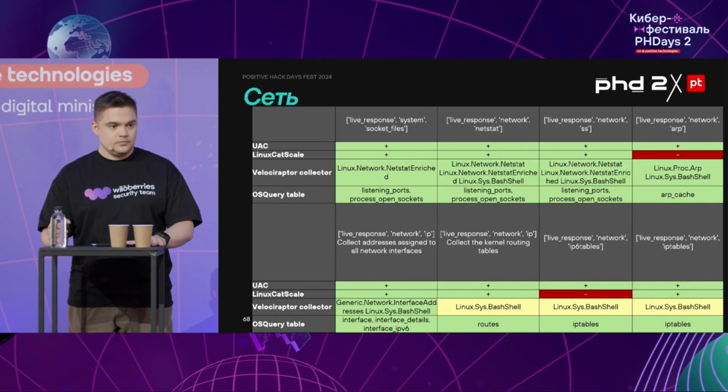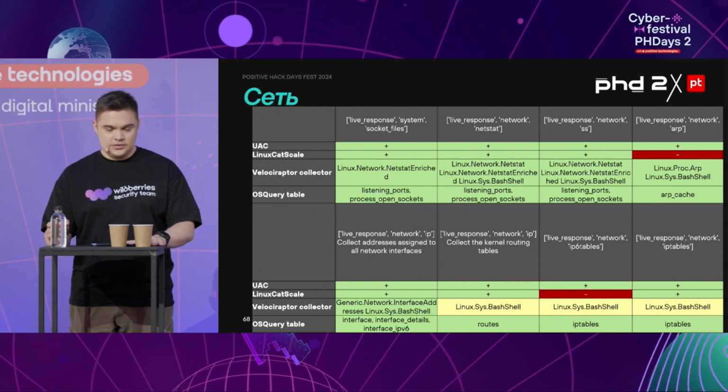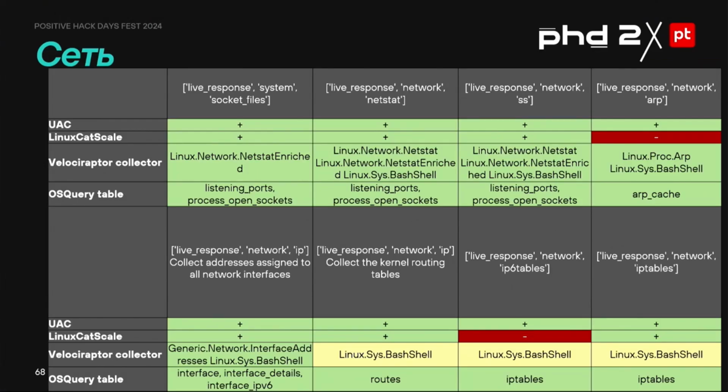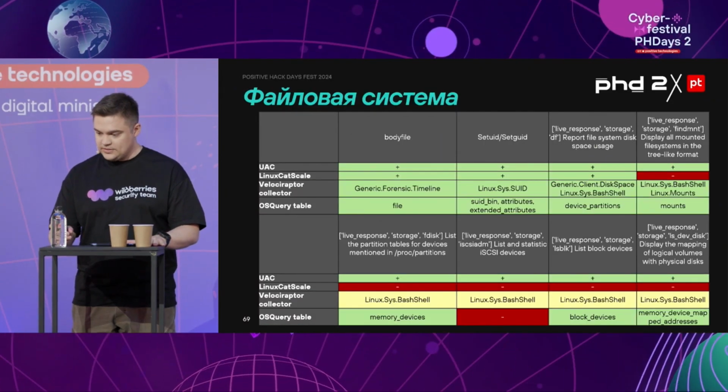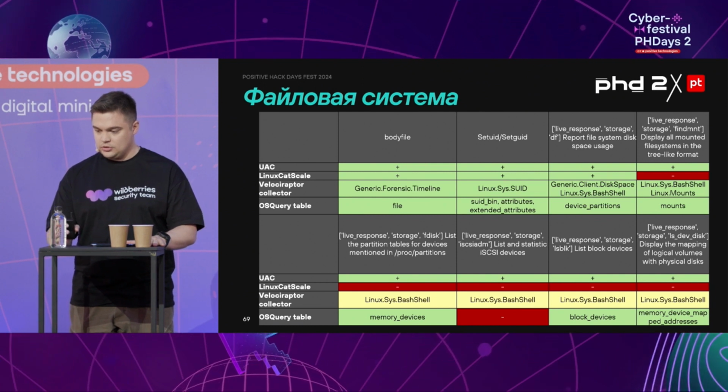Network. Here we have a good situation. We can use any tool, and gather quite a broad range of artifacts. Linux Cat Scale doesn't collect everything as in other areas.